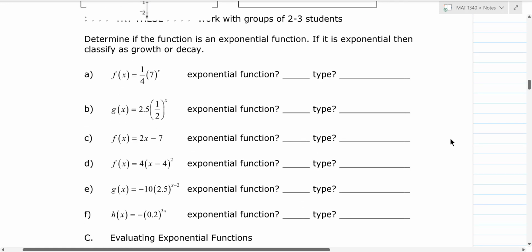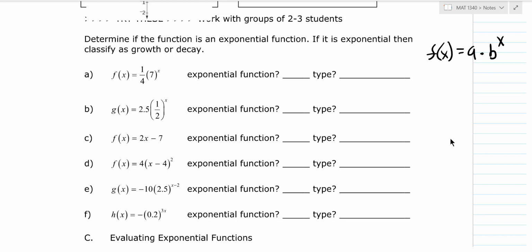All right, so here's what we're going to try to do to begin to put this together. If it's an exponential function, it should look like this. You should have a number times another number to the x power. Now, you can have a few little differences in there. The basic idea is you want some number times another number, and then you want variables in that exponent.